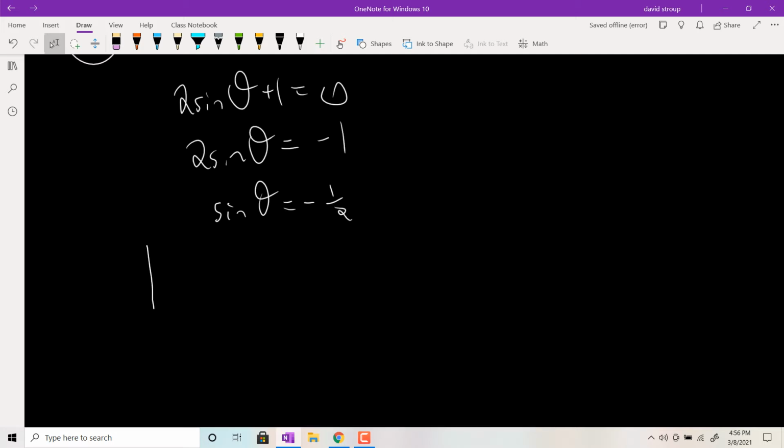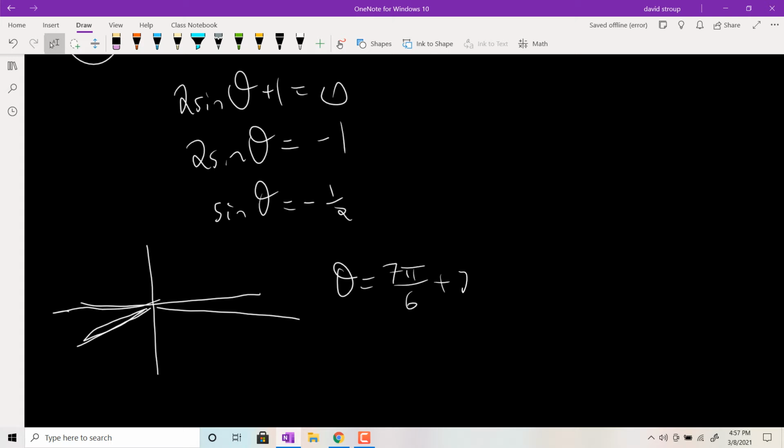So the reference angle for sine equal to 1/2 is pi over 6, right? But we want where sine is negative, and that'll be in the third and fourth quadrants. So theta equals 7 pi over 6 for one of them, plus 2 pi n.